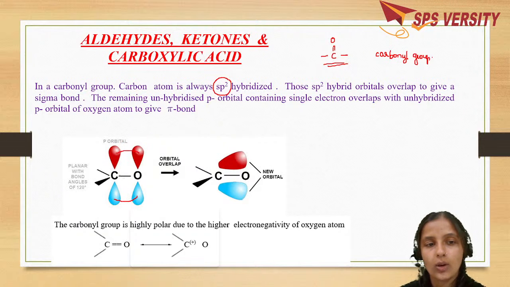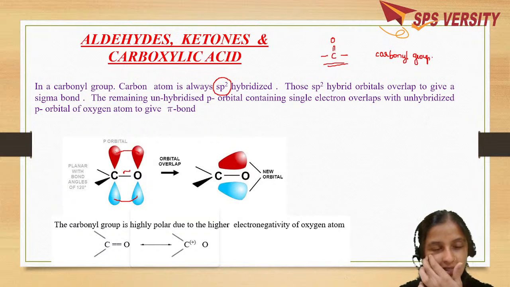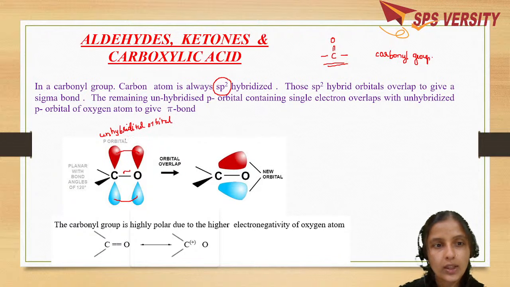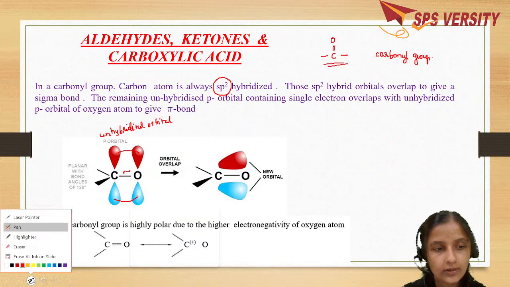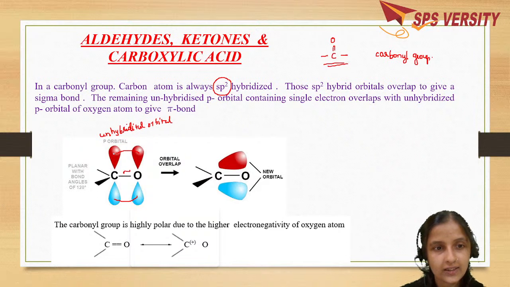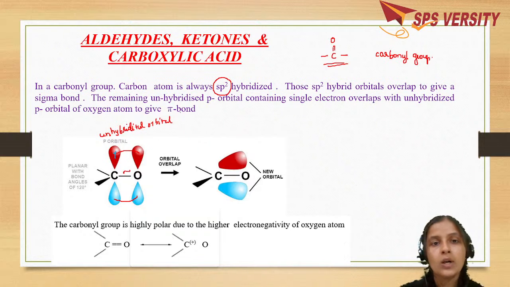So this is the CO single bond, which is a sigma bond, and then these are the unhybridized orbitals, which contain one electron here that is going to overlap with the unhybridized p orbital of oxygen to give a pi bond.